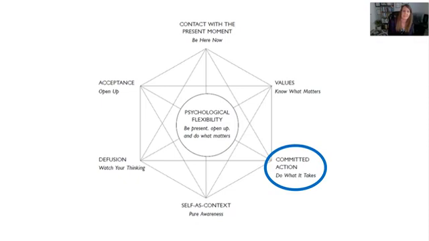And again, this is why ACT is ultimately a behavioral intervention, because it's all about living in line with those values, that we should be moving towards action because those actions should be valued and fulfilling and not just as an escape. So to take an action, you should be running towards your values and not running away from pain.